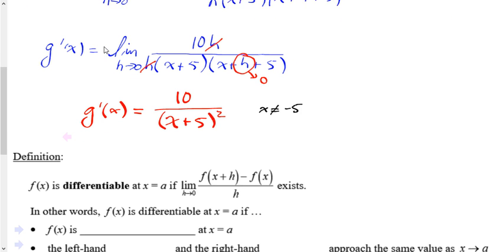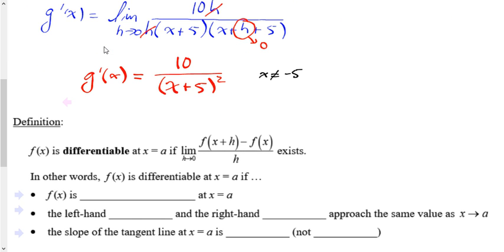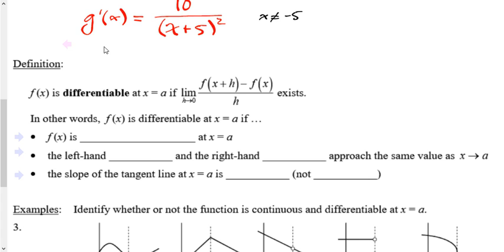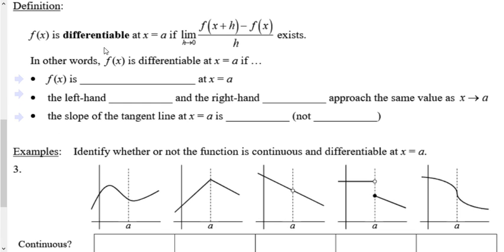Let's talk about another definition, and this is the definition of differentiable. So here we'd say a function is differentiable at the point where x is equal to a if this derivative exists at x equals a.